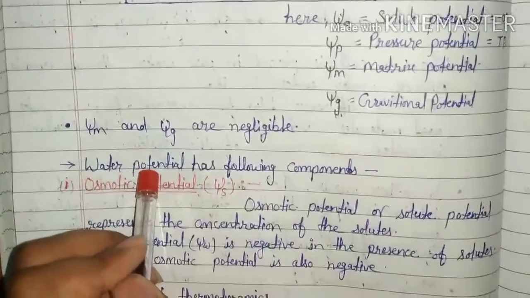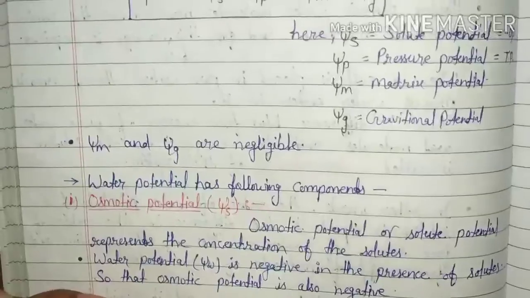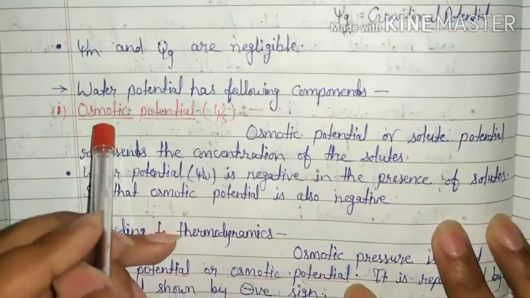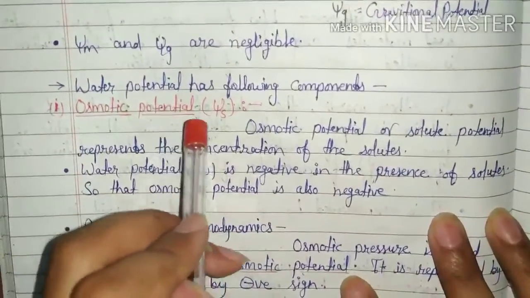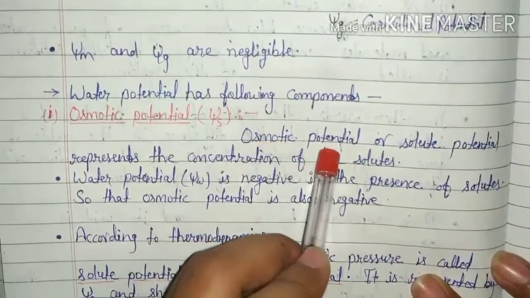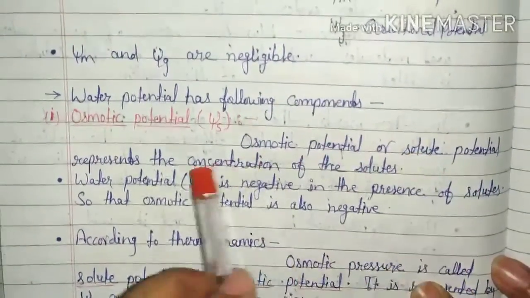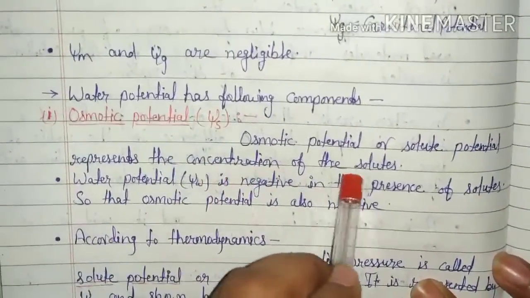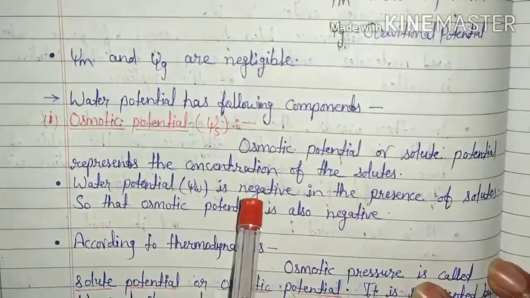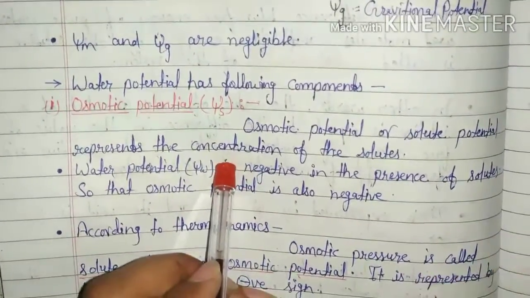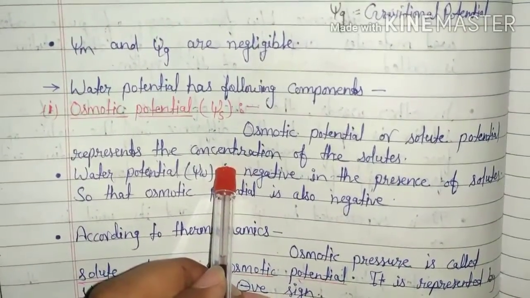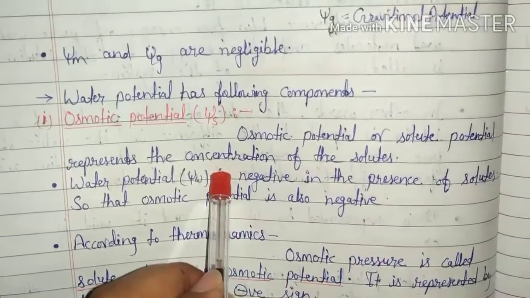So, water potential or psi W has the following components. Firstly, we will talk about the osmotic potential, that is psi S. Osmotic potential or solute potential represents the concentration of the solutes, because osmotic pressure is directly proportional to the concentration of the solutes in the solution.